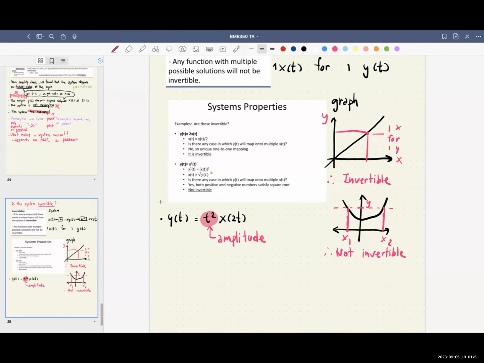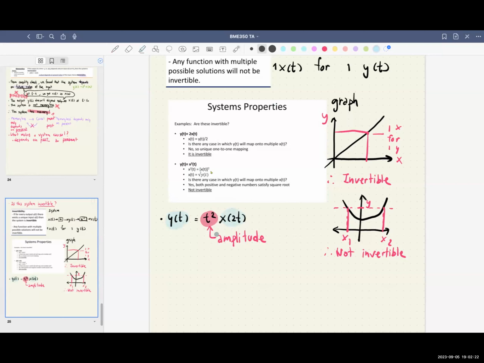So this is just amplitude, but the real thing that y(t) is dependent on is x(2t). So there are two scenarios to answer this question actually. This system can be both invertible and non-invertible, depending on what we set x to.